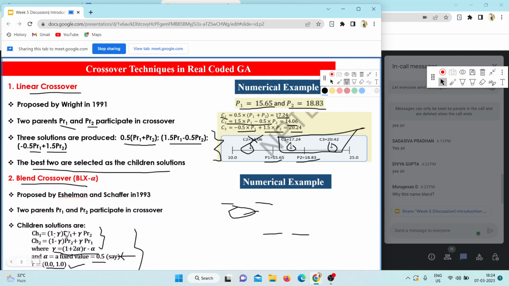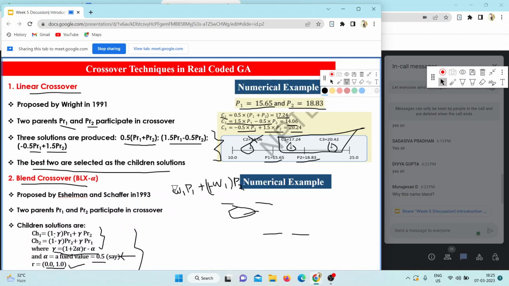You are blending these two, parent one and parent two, with some weight. Say W1 for P1, plus, actually you are doing 1 minus the weight for parent two. So you are blending with some proportion, giving some proportion to parent one and the remaining proportion to parent two.